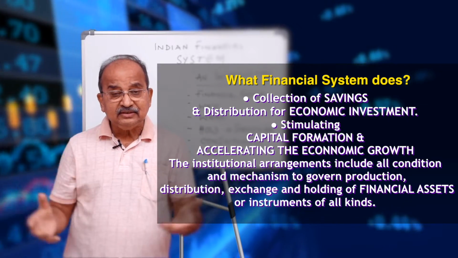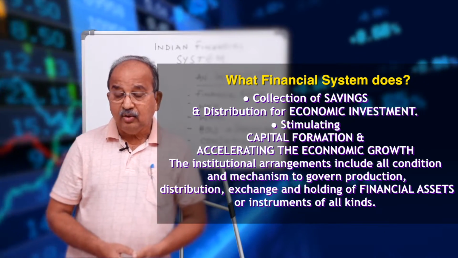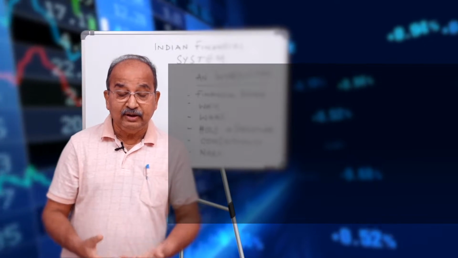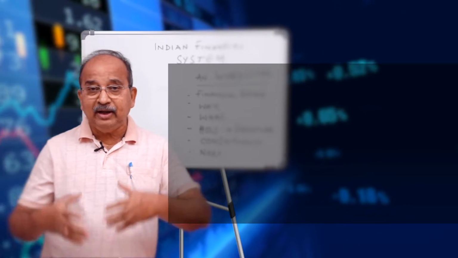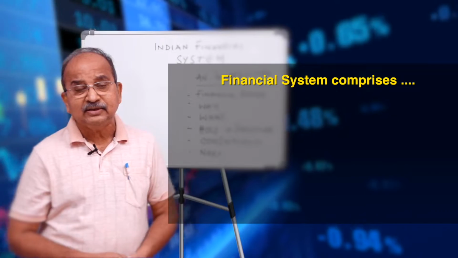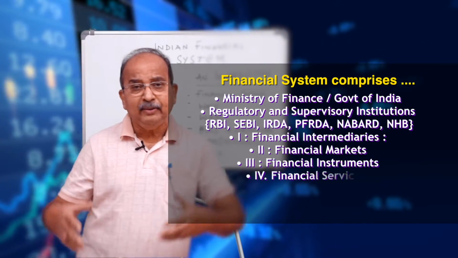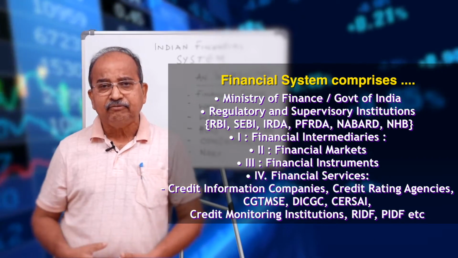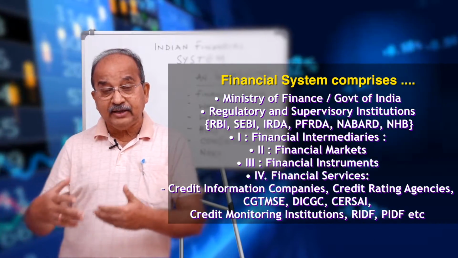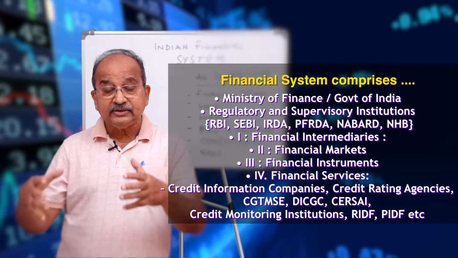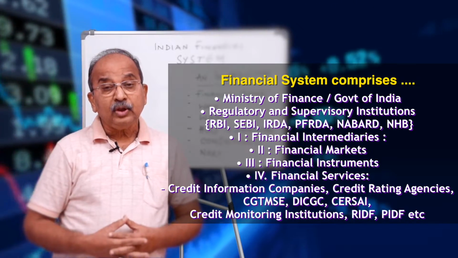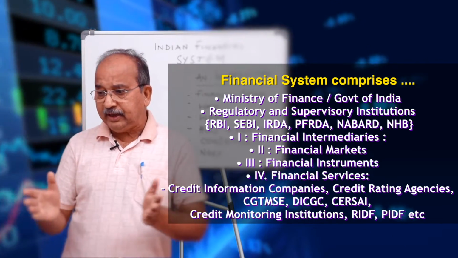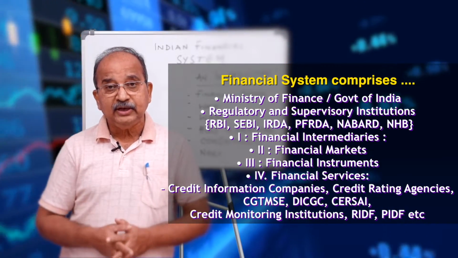Now if this is the system, who are the people who make it possible? Every government has its own economic policies, normally framed by the respective government, and under that government there is a Ministry of Finance, which keeps the entire structure regulated at a constitutional level. But there must also be regulatory and supervisory bodies.